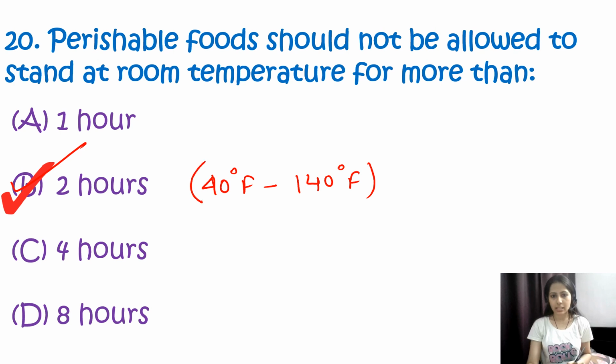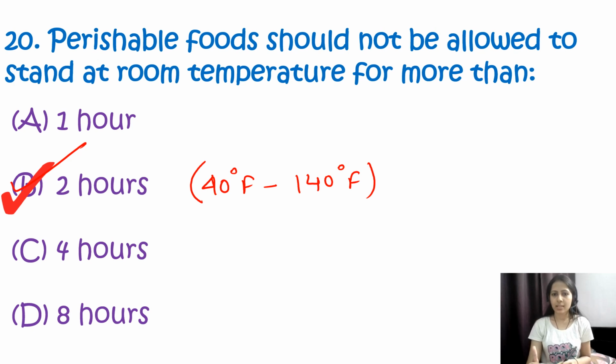This is known as the danger zone. Bacteria can multiply rapidly at this temperature, and it can increase the risk of foodborne illness. Now the 2-hour rule is a general guideline recommended by food safety experts to minimize the risks.